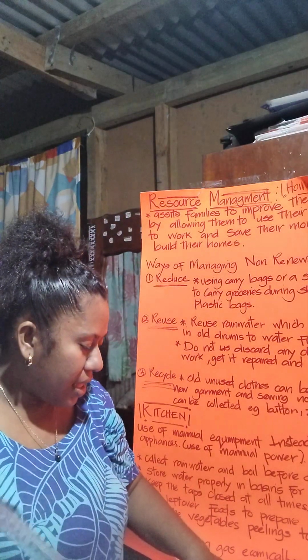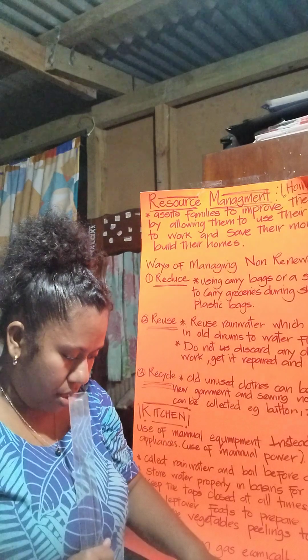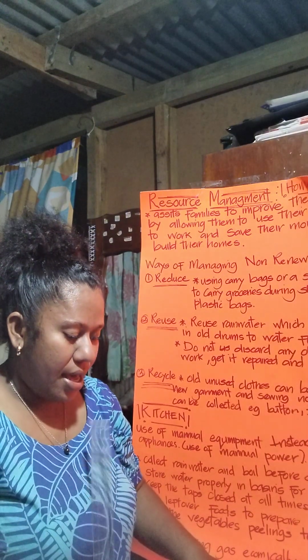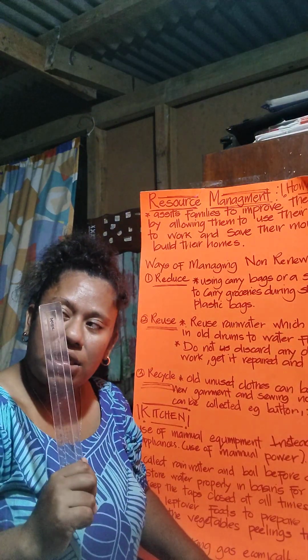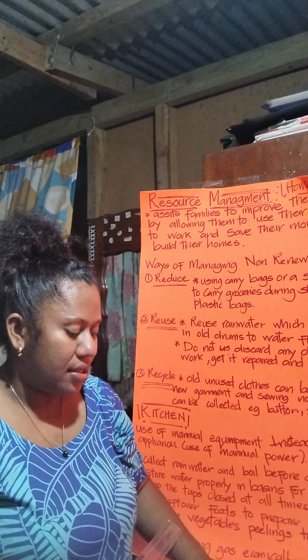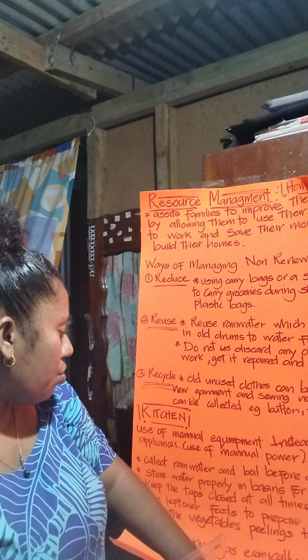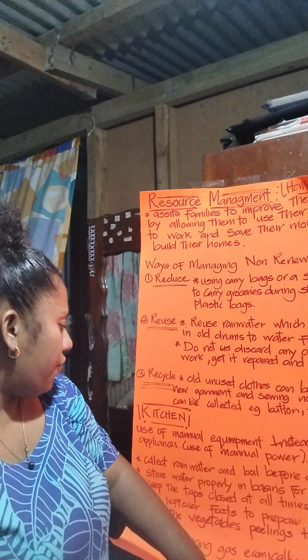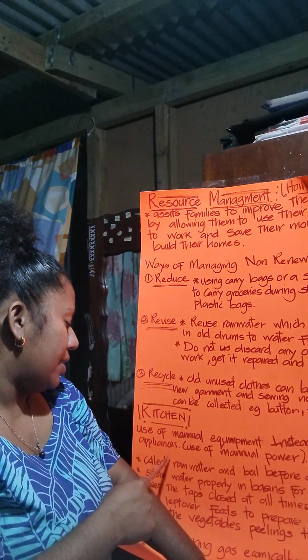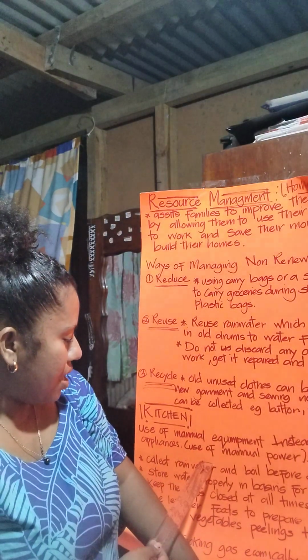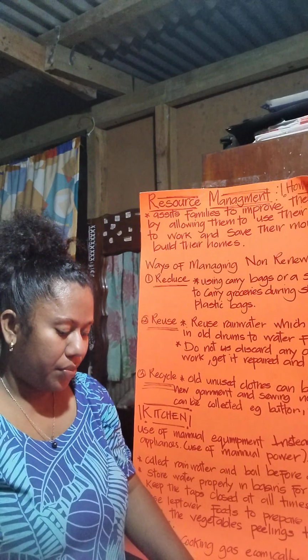Use cooking gas economically. And you can use firewood instead of kerosene. These are some ways that we can do instead of using electrical appliances. These are some of the manual equipment.